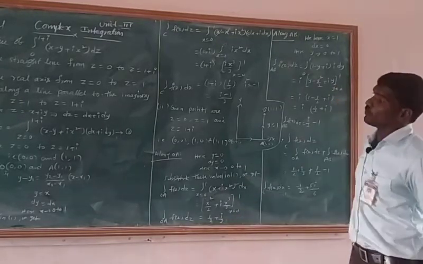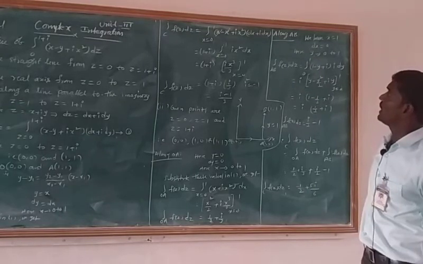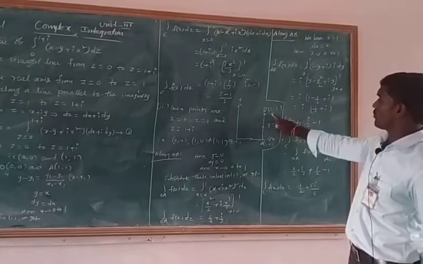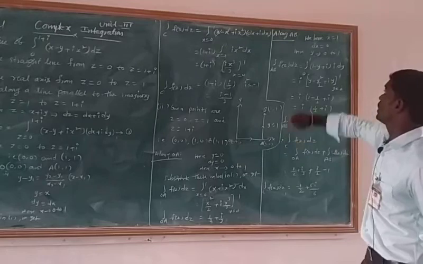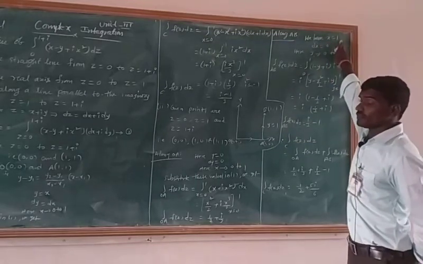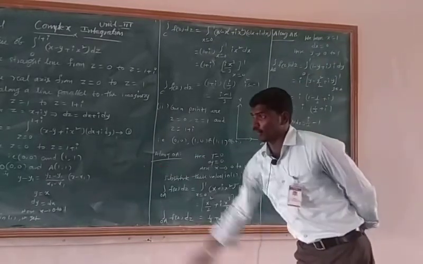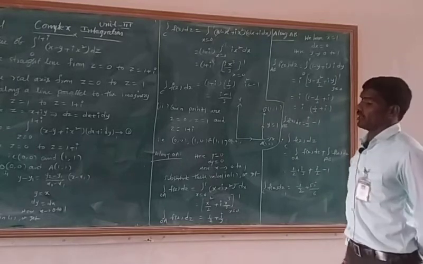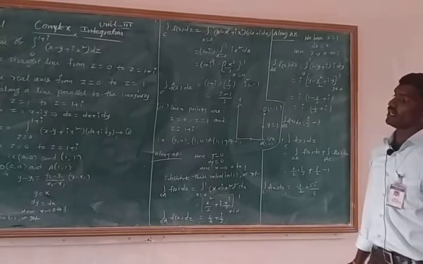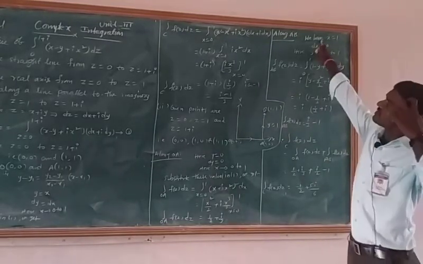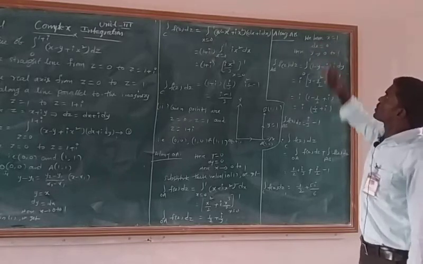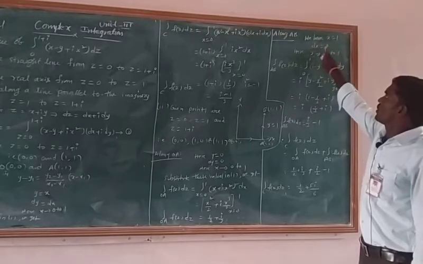Next, we go to the other path, that is along AB. Here the equation of AB is x equals 1, by using the formula y minus y1 equals (y2 minus y1) by (x2 minus x1) into (x minus x1). Differentiating, dx equals 0.